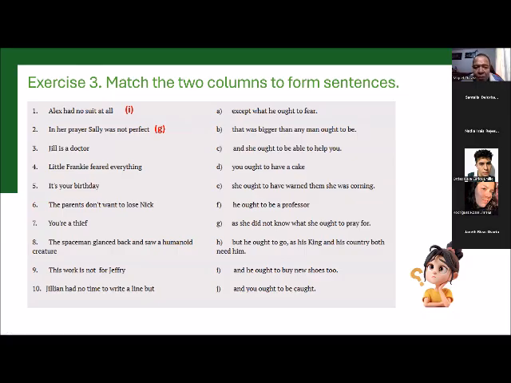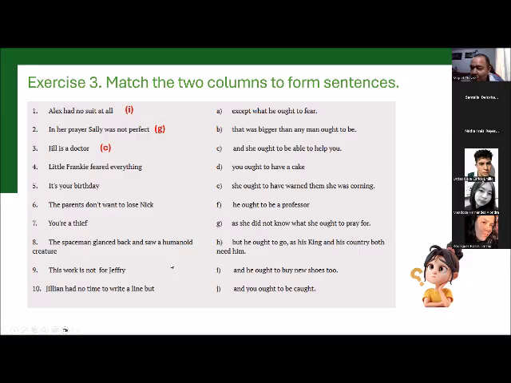Number 3, please. Who can help us with number 3? Yes, please, Alondra. He is a doctor and she ought to be able to help you. Exactly. Alondra, thank you so much.